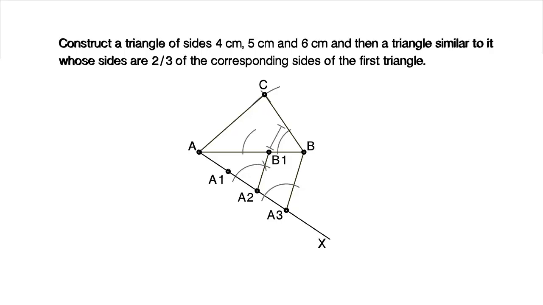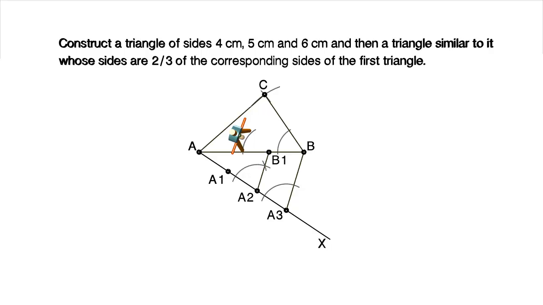And with the same measurement, keep your compass at the intersection point of the arc that you have drawn for drawing the parallel line with the intersection with AB, and keep your compass here and draw an arc which intersects with the previous arc.